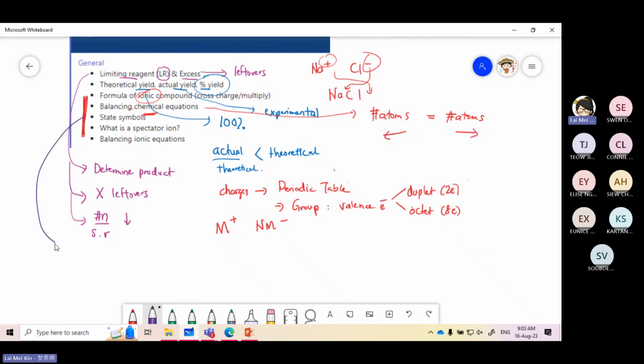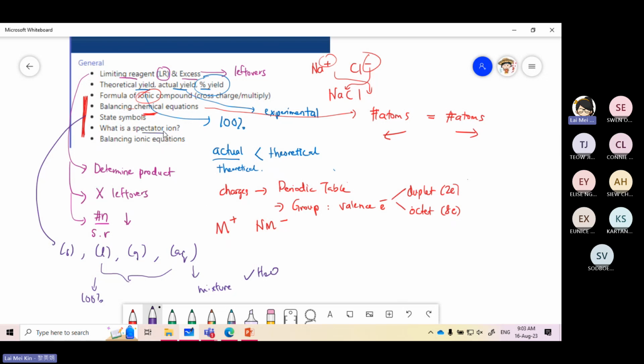You have solid, liquid, gas, and aqueous. What's the difference between liquid and aqueous? Very good. Liquid is 100%. Aqueous is a mixture. You have water inside. When you have water inside, it's not 100%, then it is aqueous.